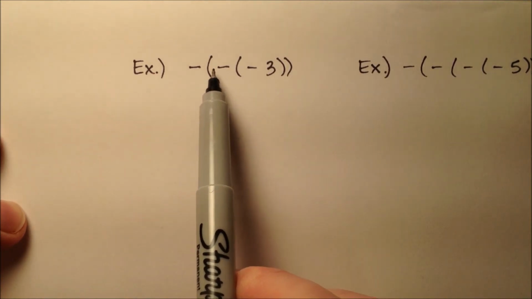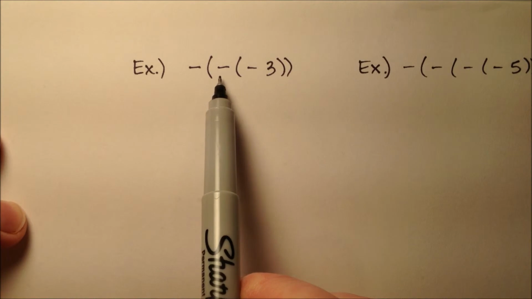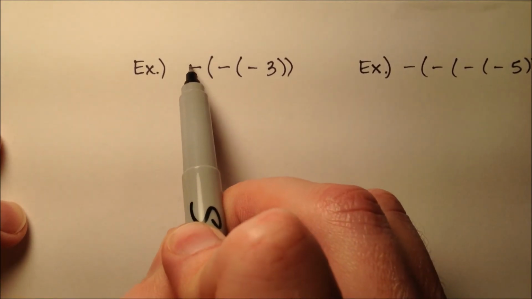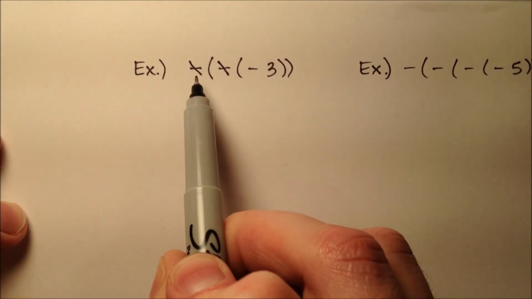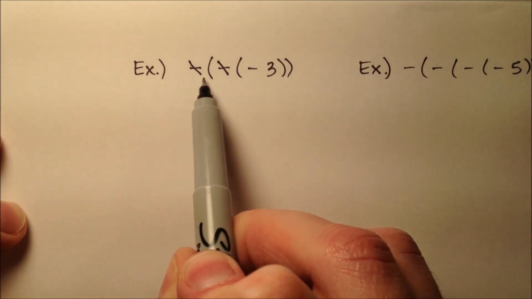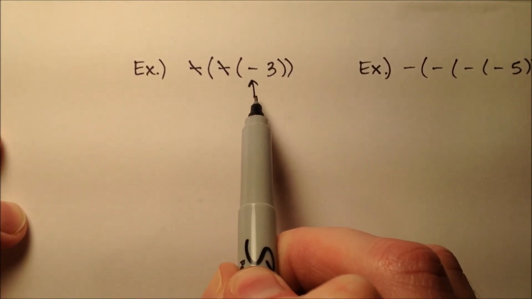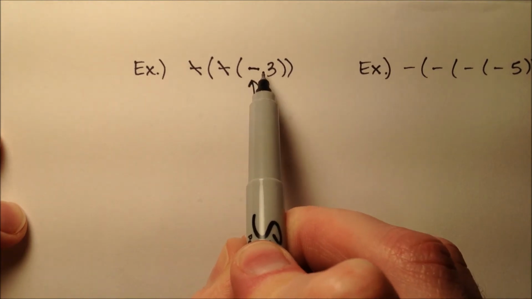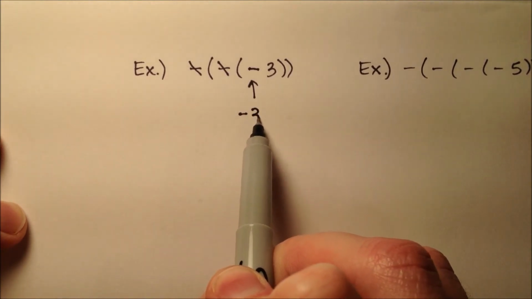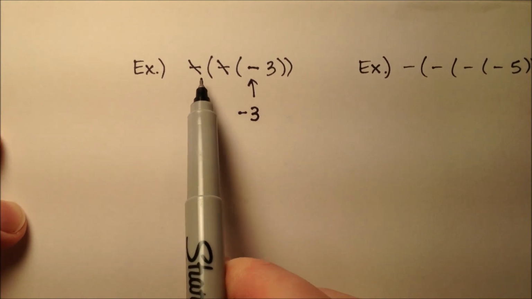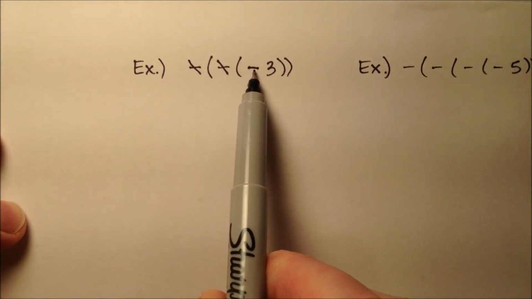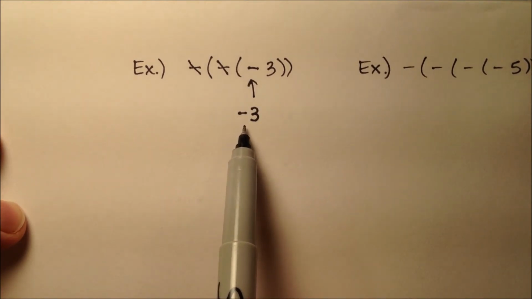Well, anytime we have 2 negative signs right next to each other, they're going to cancel each other out. So in this case, we have a pair of negative signs, and they cancel each other out, and we're left with only one negative sign left. So this value will remain as a negative 3.